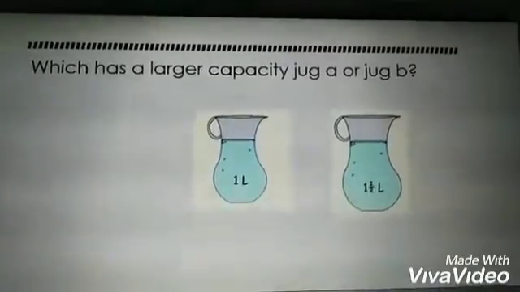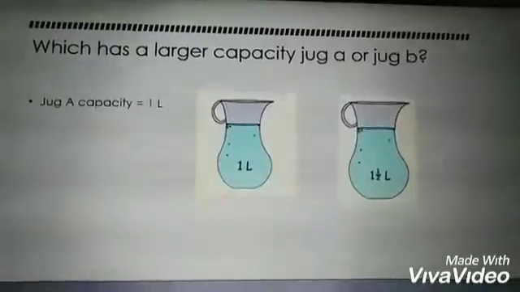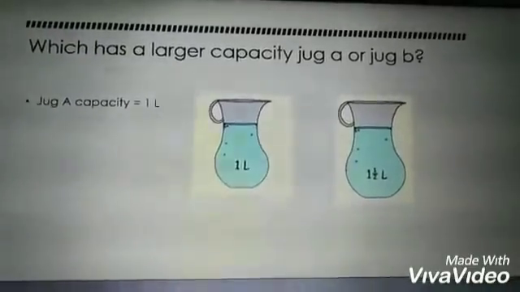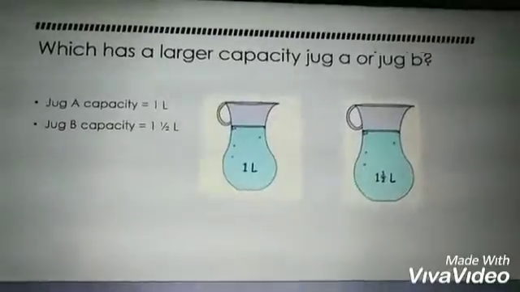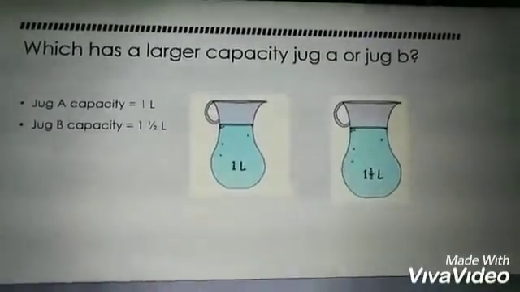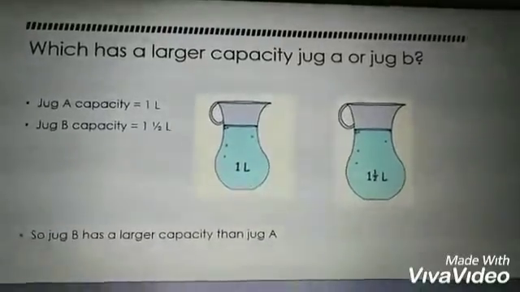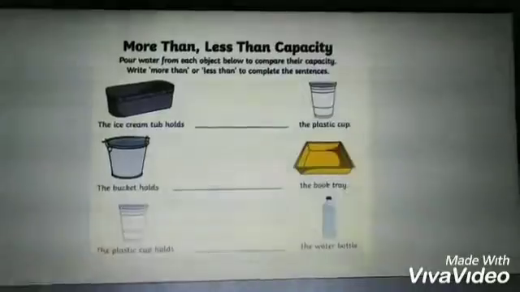The first jug, or jug A, has a capacity of 1 liter and jug B has a capacity of 1.5 liters. The one that has the larger capacity is jug B. So jug B has a larger capacity than jug A.